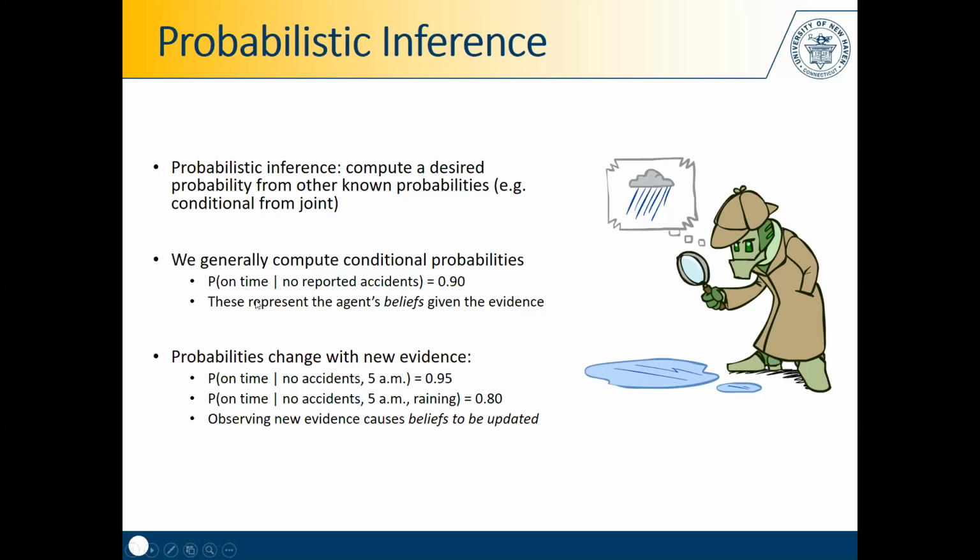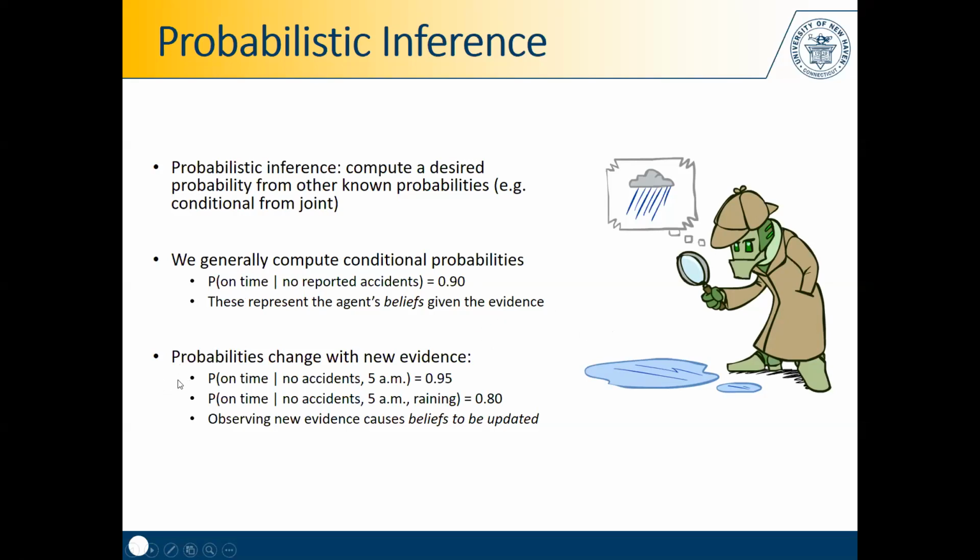We want to see what this conditional probability is going to be. These essentially represent the agent's beliefs given the evidence. What does an agent reasoning about these random variables believe would happen given a particular set of evidence or observations?